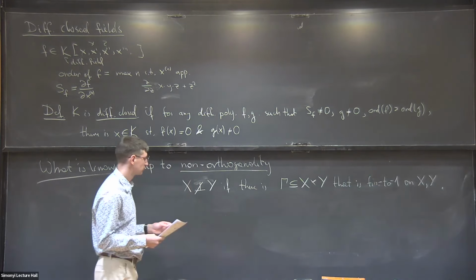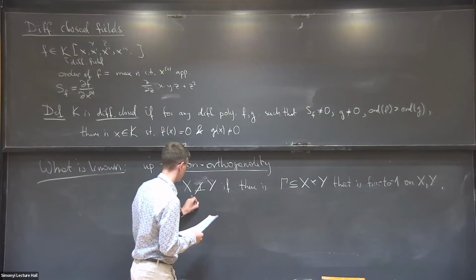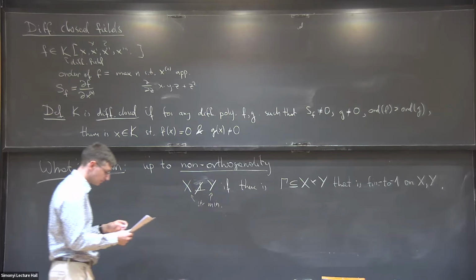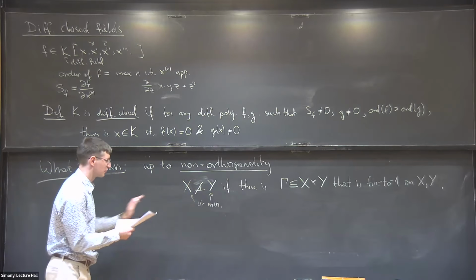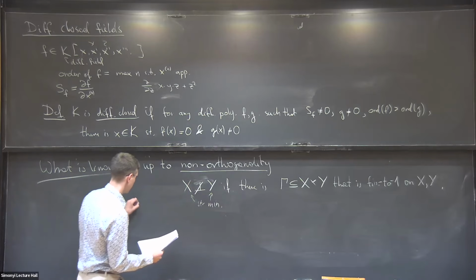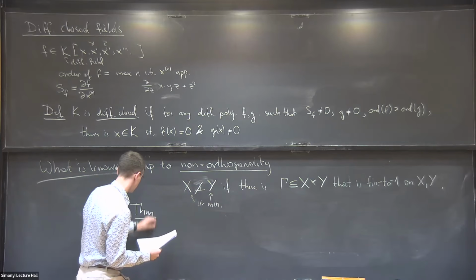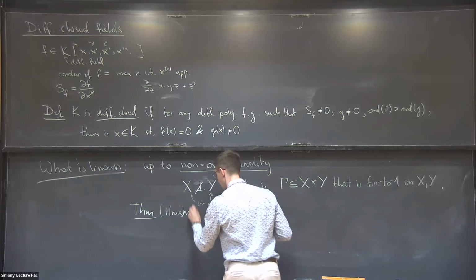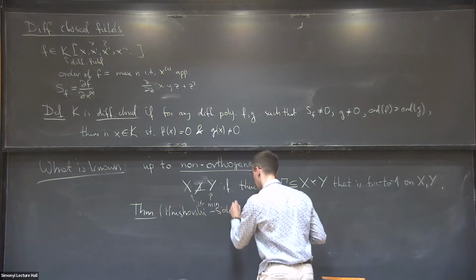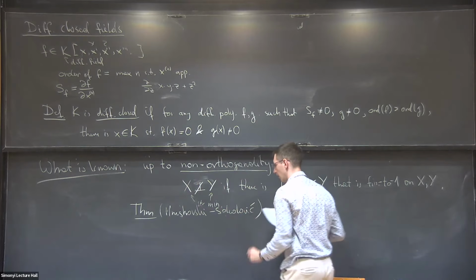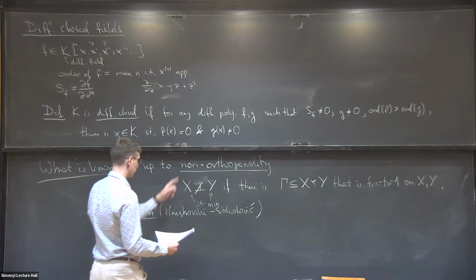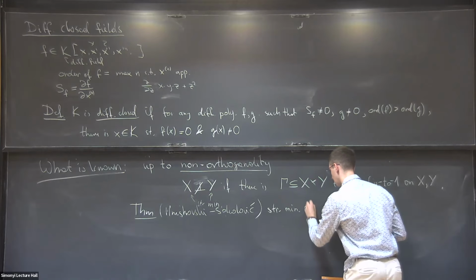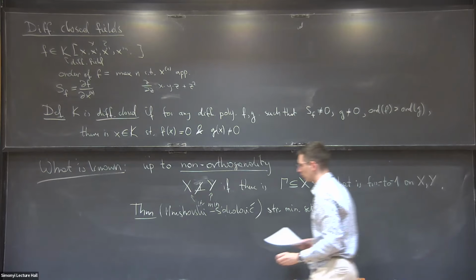The focus here will be on strongly minimal Kolchin varieties. In general, they don't have to be strongly minimal for this definition, but I want to state this theorem at the end, which is Hrushovski-Sokolovic: up to non-orthogonality, strongly minimal sets are the following.